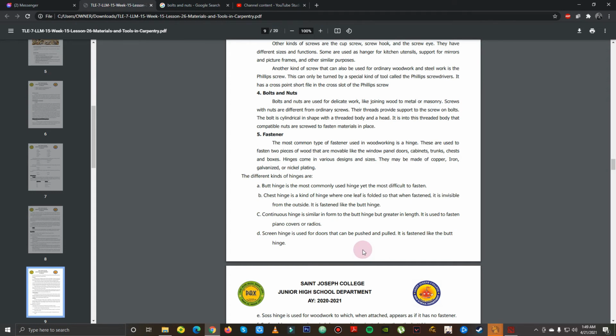See, continuous hinge. Continuous hinge is like a long hinge greater in length. It is used to fasten piano covers or radios. If you can imagine a piano cover, taas ba yan siya tanawon, so it needs a longer hinge.